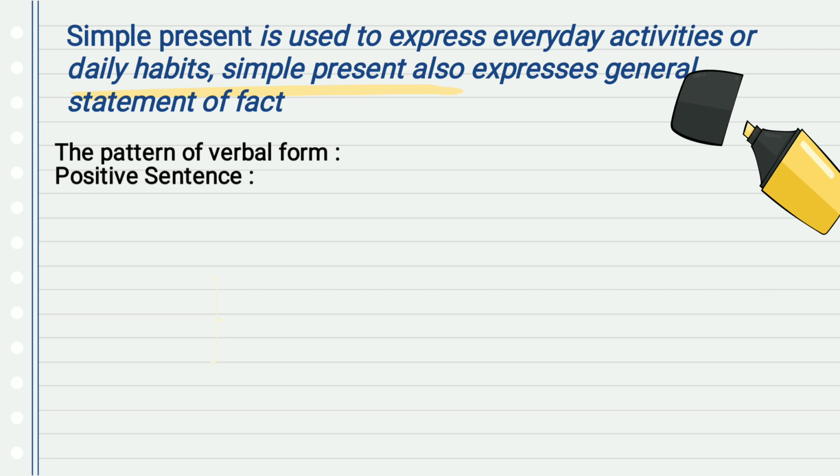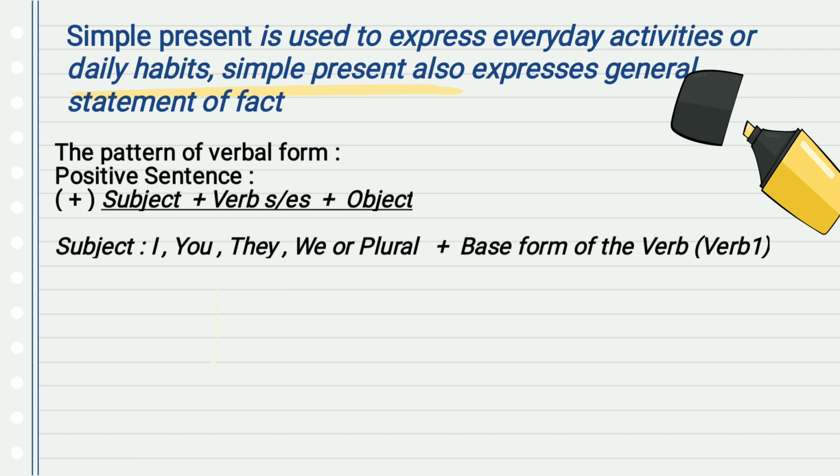The pattern of verbal form here in a positive sentence is the subject followed by verb, s or es, plus object. For the subject I, you, they, we, or plural, atau bentuk jamak, it is commonly followed by the base form of the verb, or verb 1.